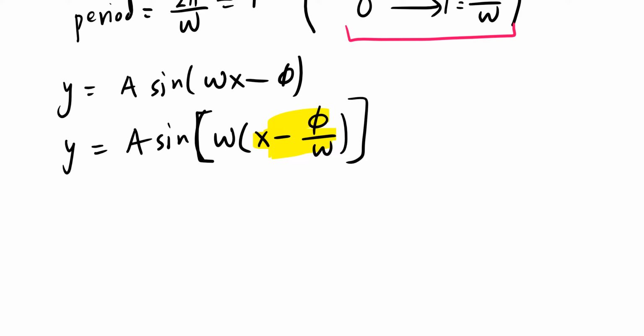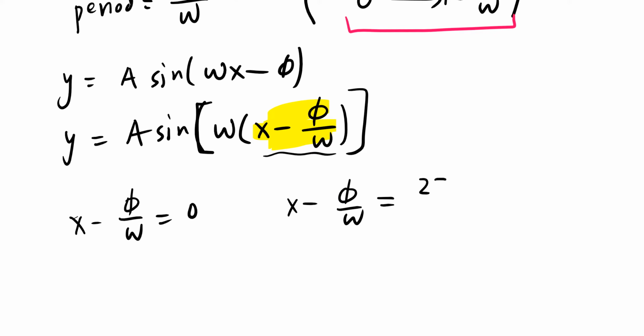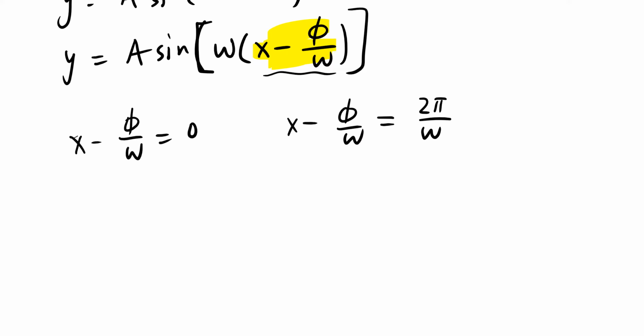The first one was x equals 0, so this thing here equals 0. And this will go to x minus phi over omega equals 2 pi over omega.